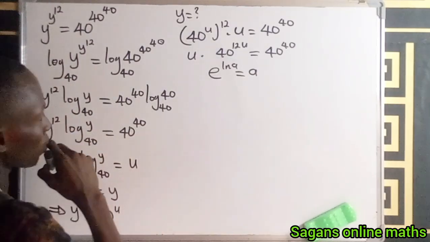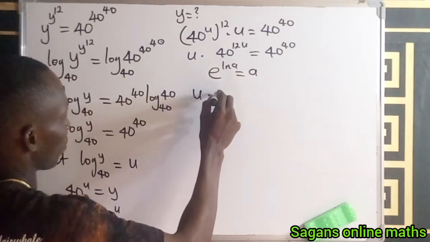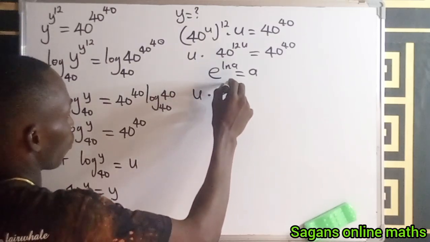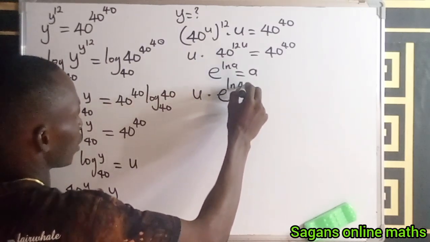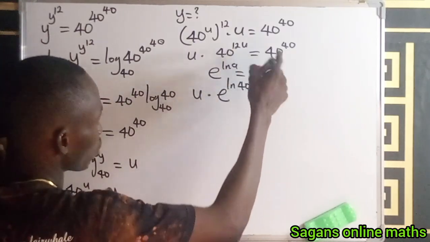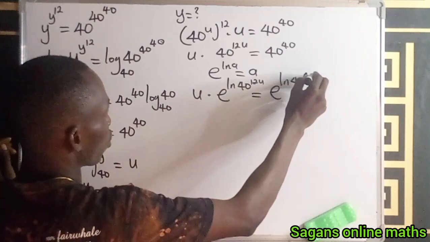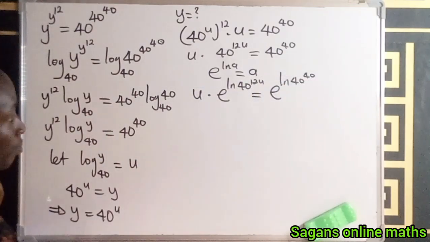So I'm not wrong if I write this as u multiplied by e to the power of ln 40 to the power of 12u, equals e to the power of ln 40 to the power of 40, by obeying the properties of logarithm.